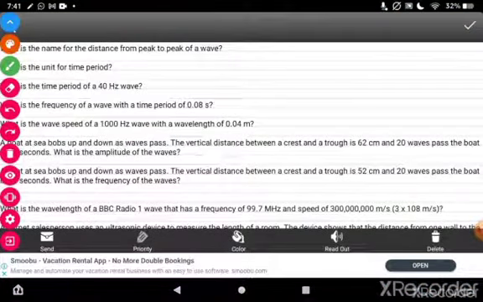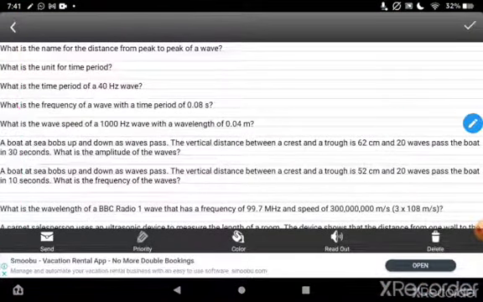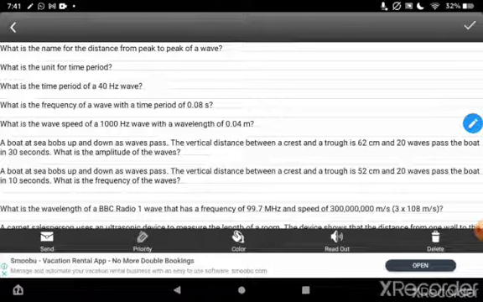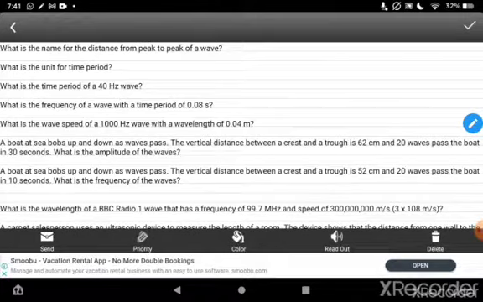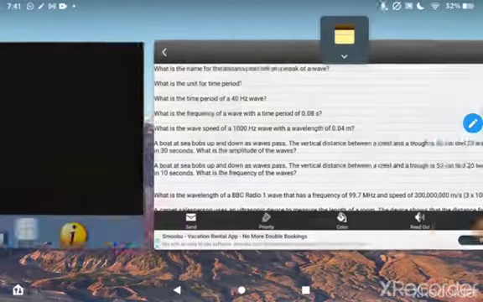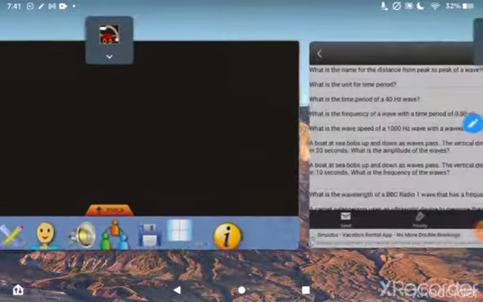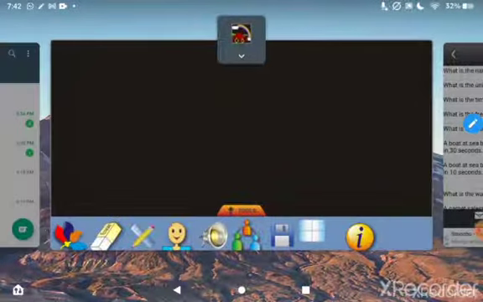The other question says, a boat at sea bobs up and down as waves pass. The vertical distance between the crest and trough is 52 centimeters and 20 waves pass the boat in 10 seconds. What is the frequency of the waves? Let's write down what we have. 20 waves in 10 seconds.